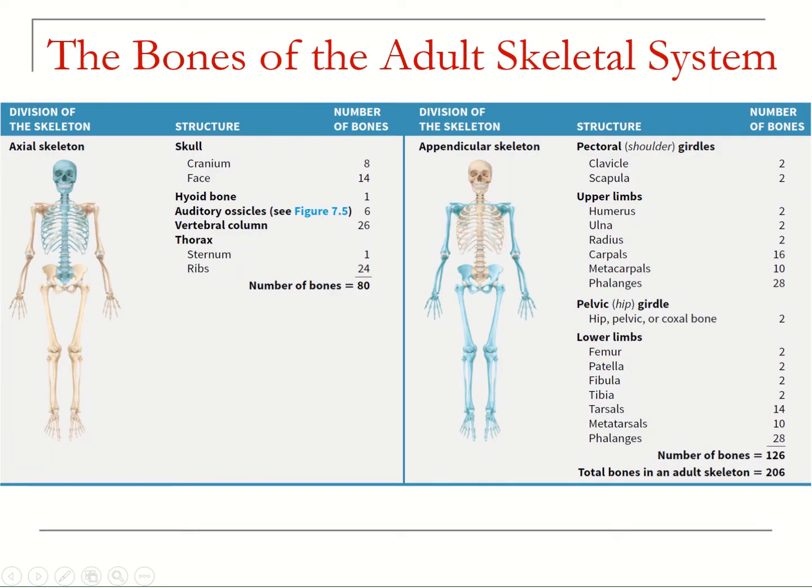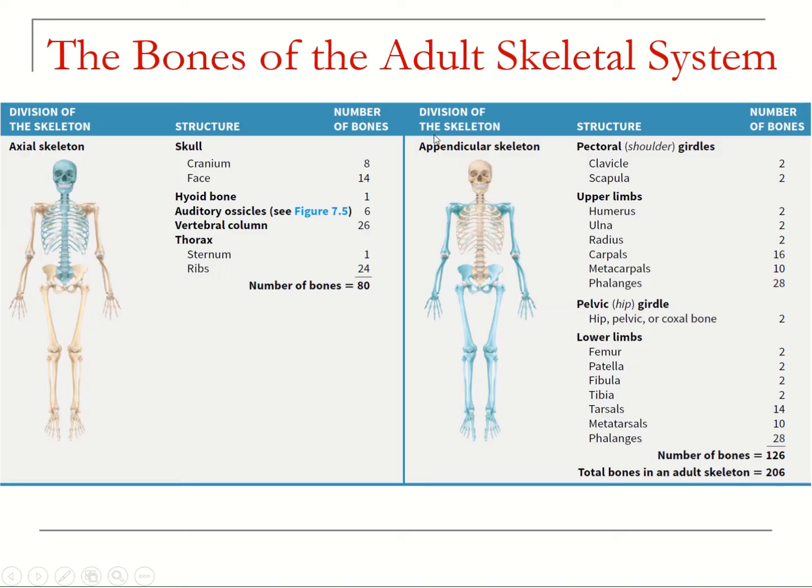As mentioned, we have two divisions of the skeleton, the axial skeleton and the appendicular skeleton. The axial skeleton consists of the bones in color blue. We have 80 bones that comprise the axial skeleton, including the skull, the hyoid bone, auditory ossicles, vertebral column, and the thorax.